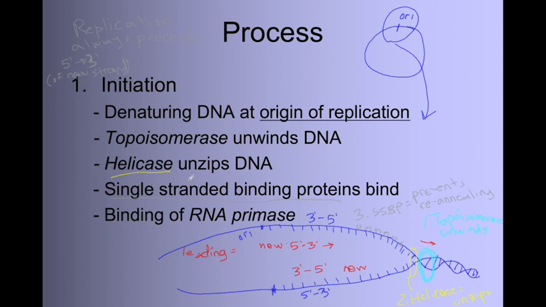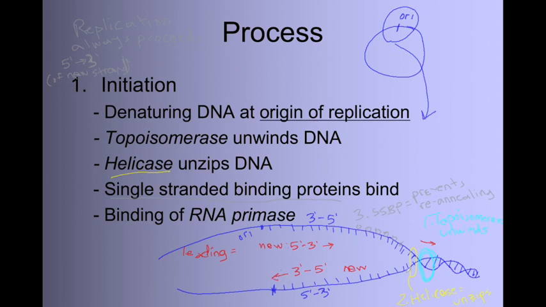And remember, replication always proceeds on the new strand from 5 to 3. That is no different down here. But because of the orientation, in order for this new strand to be synthesized from 5 to 3, you might have already guessed that synthesis occurs in the opposite direction.